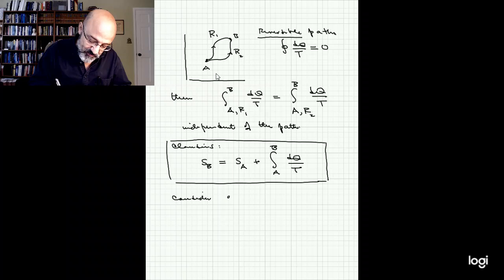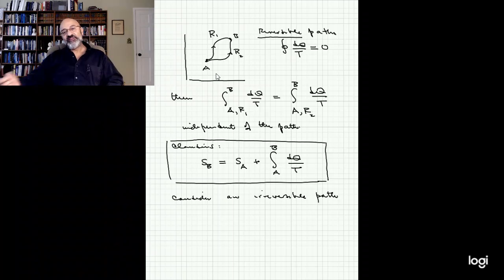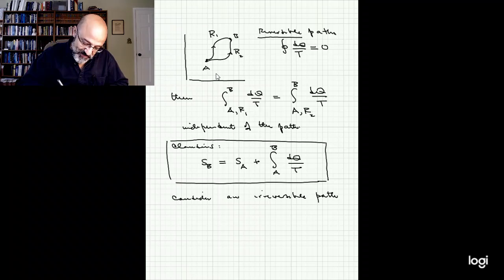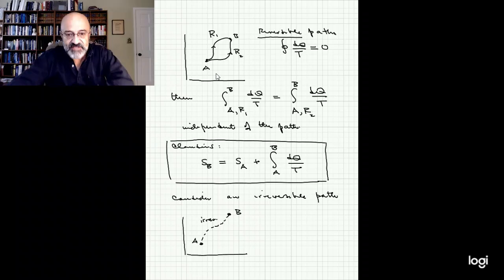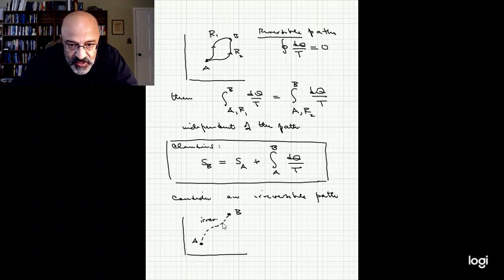consider an irreversible path. So consider a process that cannot be truly reversed because it's done too fast. Under those circumstances, imagine that you go from A to B along an irreversible path. Please notice how I've drawn it as a dashed line here.